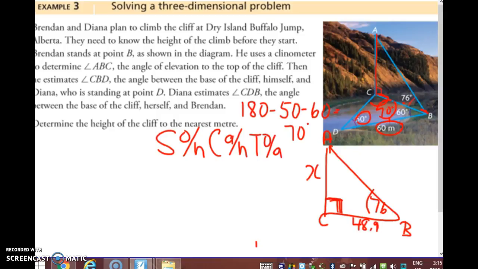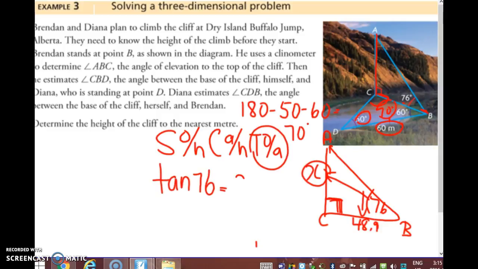We have this angle, we want this side, and we have this information. So we have opposite and adjacent. Opposite and adjacent is tan. So we go tan 76 is equal to x, which is opposite, over 48.9, which is adjacent.